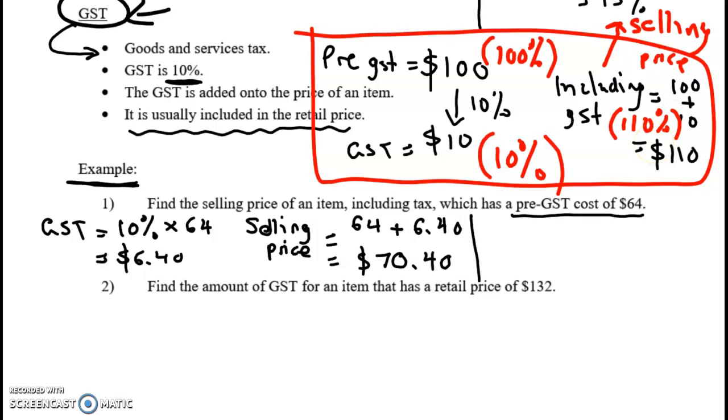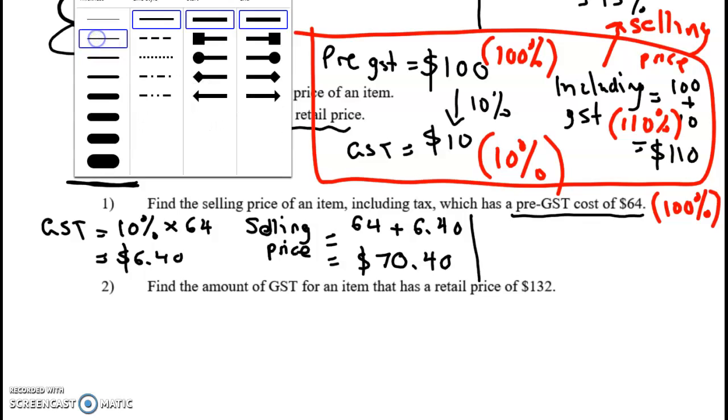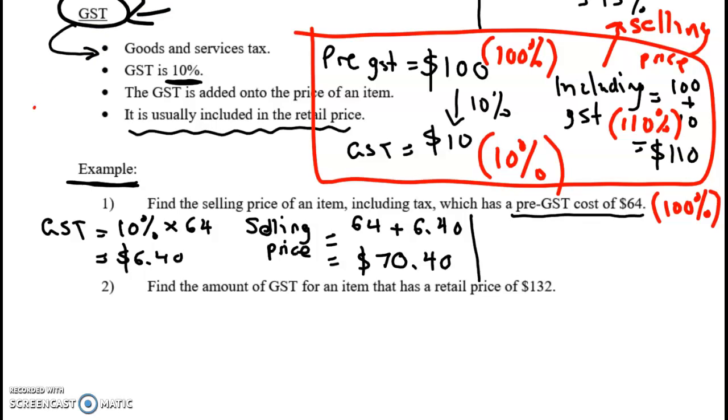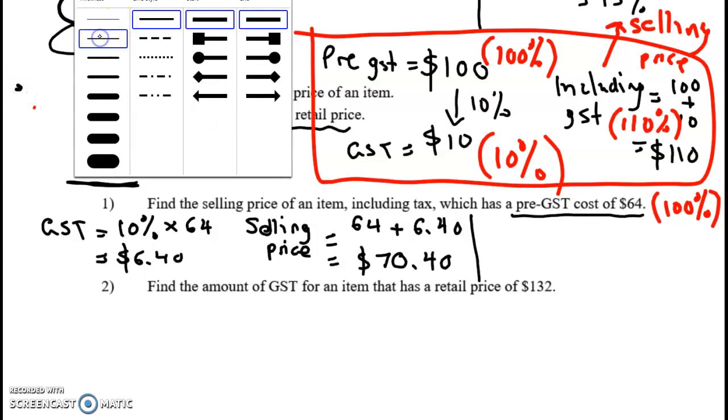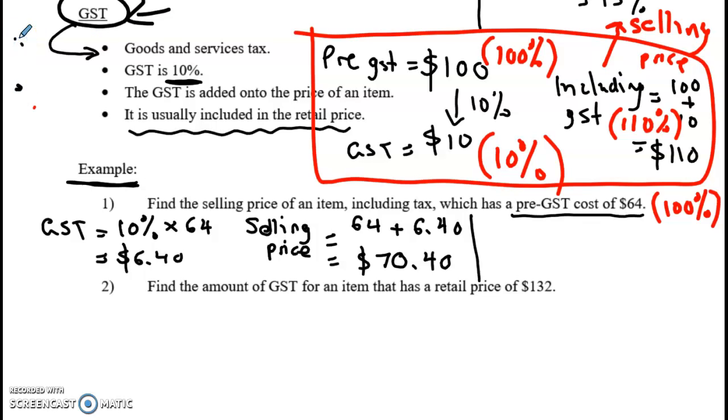So in our question here, this here is 100%, the $64, and we want to find 110%. And so the way we get there is by multiplying by 100 and 10%.